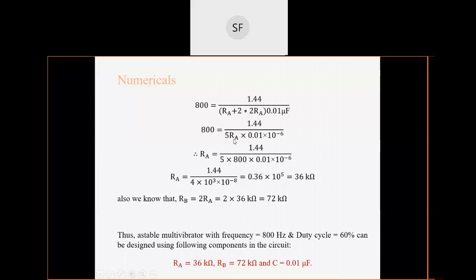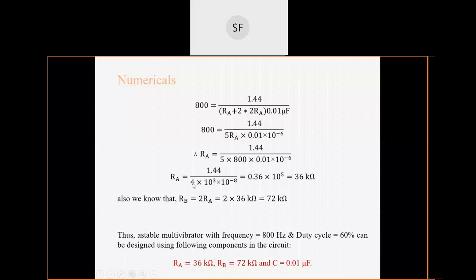I have just taken this RA on this side, so the denominator will go into the numerator. Similarly, this 800 will go into the denominator. You can observe here. I have tried to write down all the steps in this PPT, so you can go step by step later also. There is no problem.